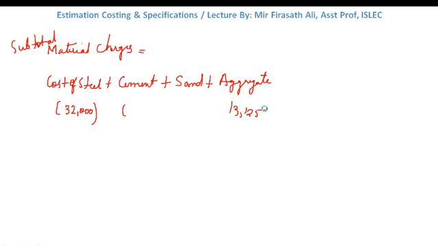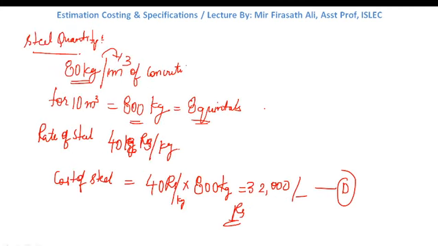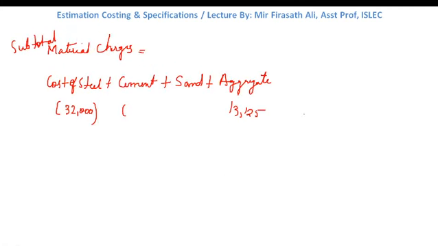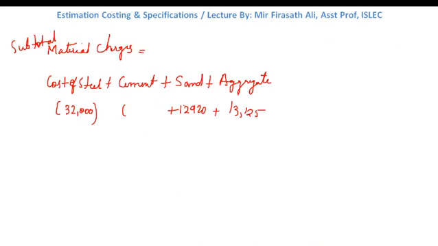The cost for sand was 12,920. The charges for cement were 28,350 rupees.